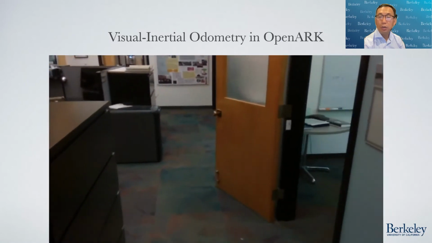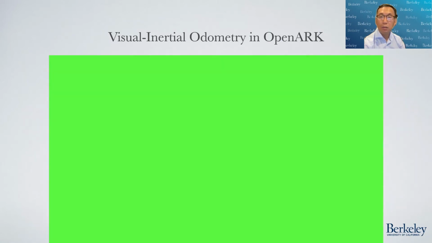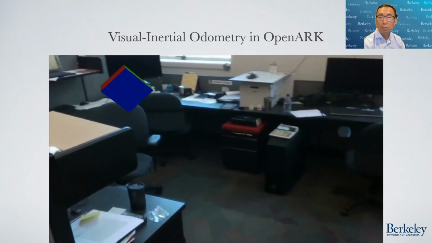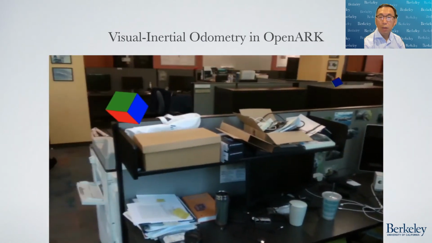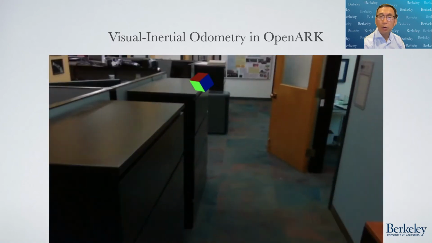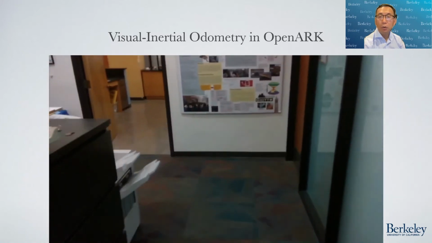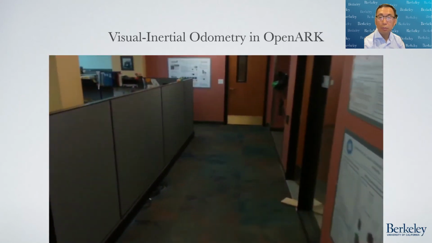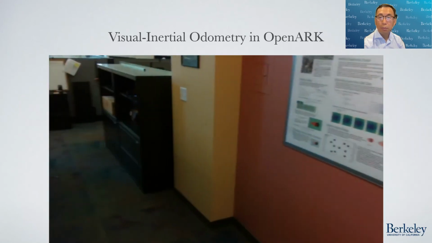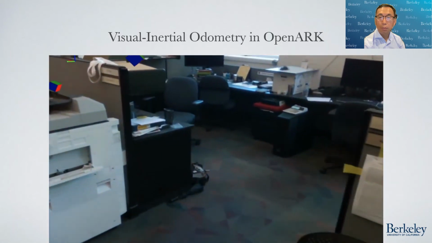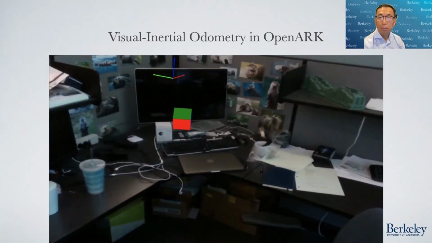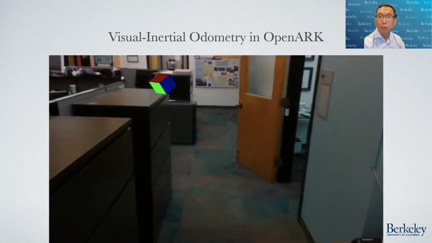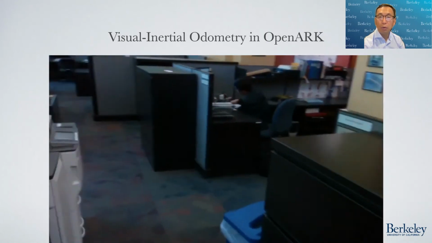And then our researcher is going to walk around and come back to the original space and check on whether the same virtual cube is still at the location initially placed. And that is the 3D visual inertial odometry demonstration.